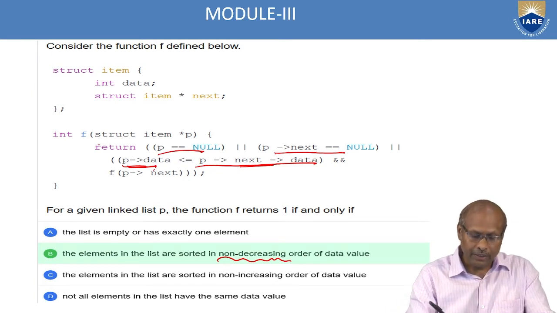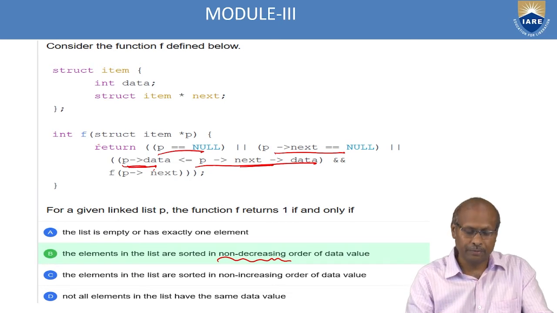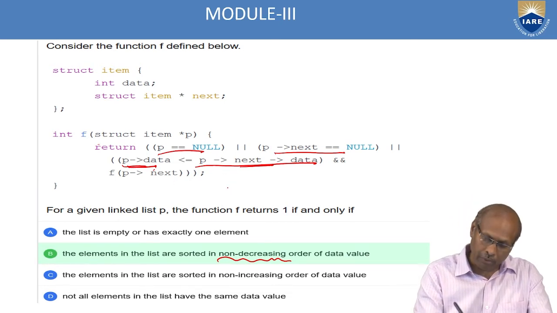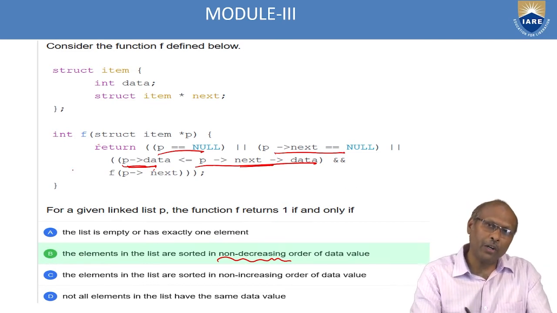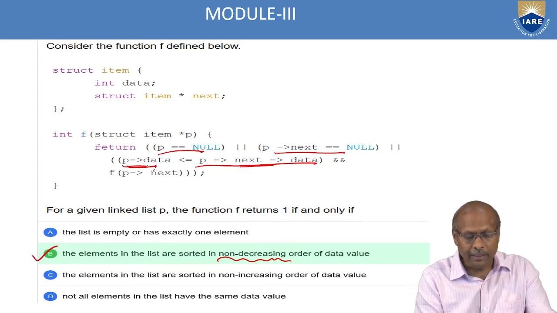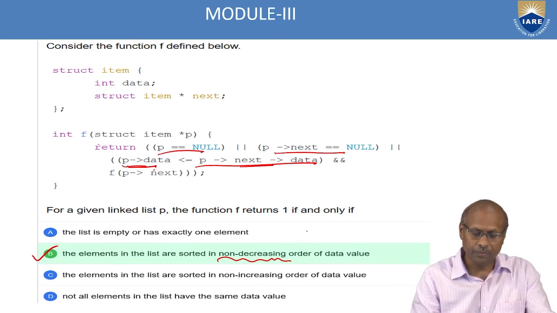So non-decreasing means increasing order. If the data is in increasing order or equal, then f is calling f. It keeps on calling as long as this condition is true. Less than or equal to means non-decreasing, that means increasing order.